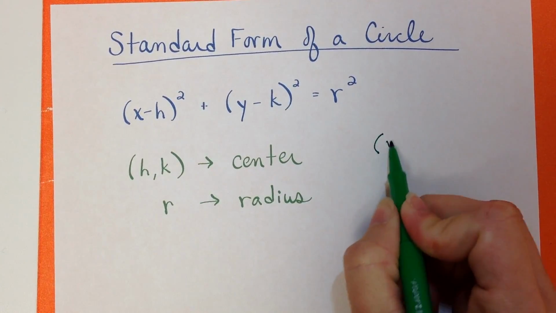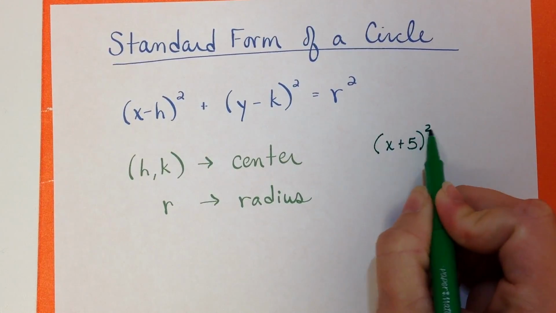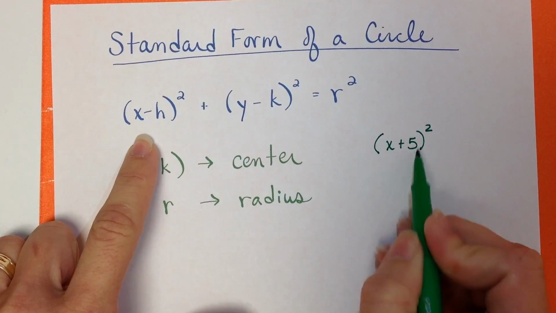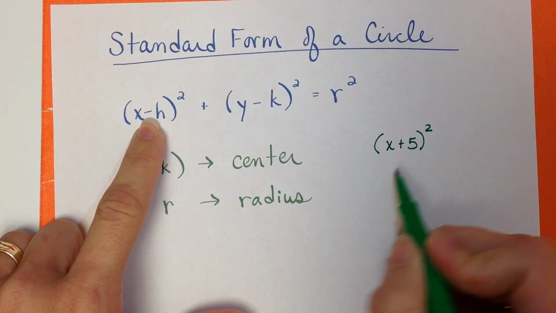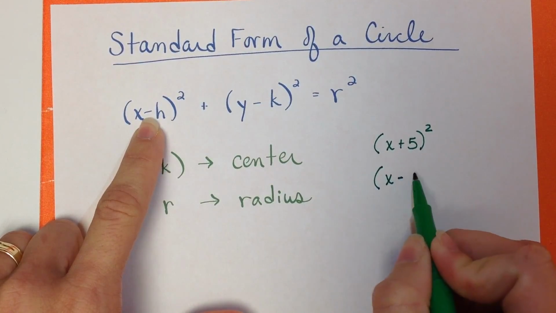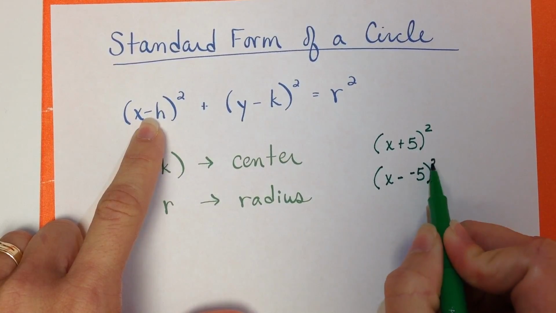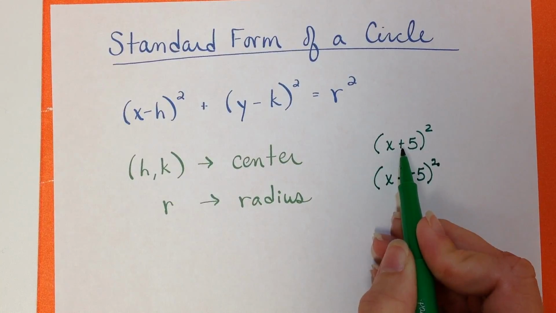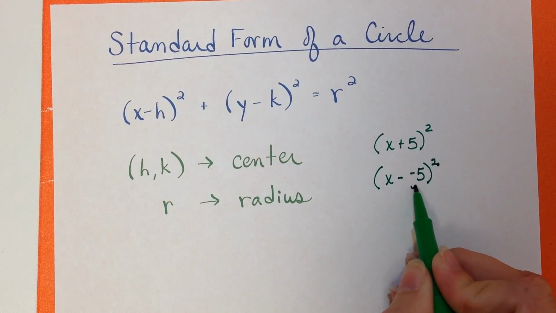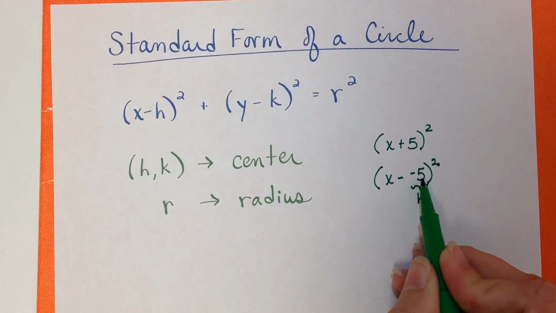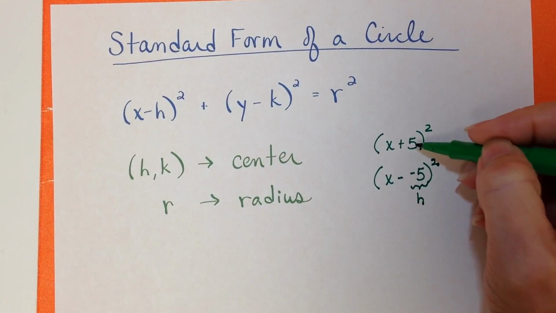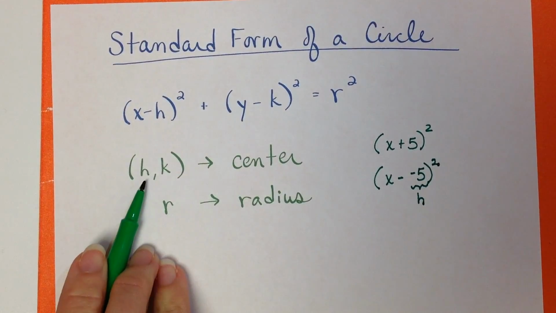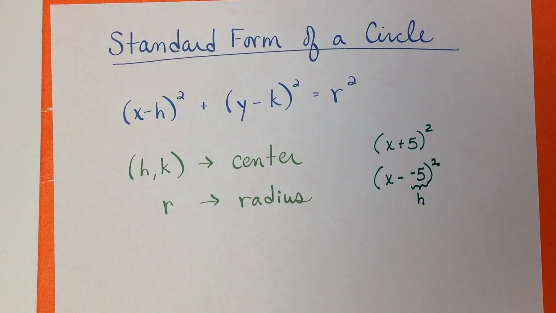If I have x plus 5, let's just look at one set of parentheses, to make my point here I have to write this with a minus sign. So to write this as a minus sign, I would have to change this to negative 5, because subtracting a negative is the same thing as adding. So this is your h, which is negative 5. Like I said, the easiest thing to remember is when you pull it from the parentheses, to use it in this ordered pair, just change the sign of it.